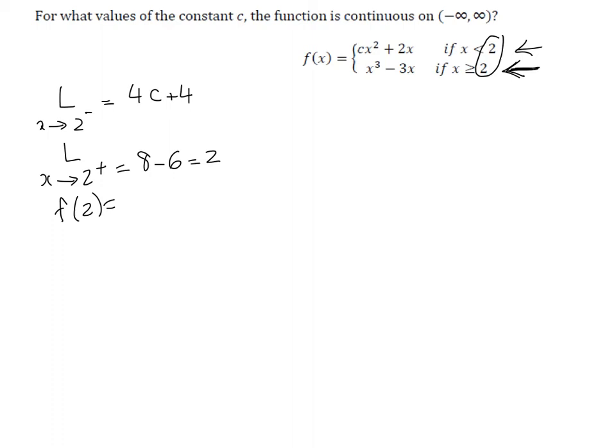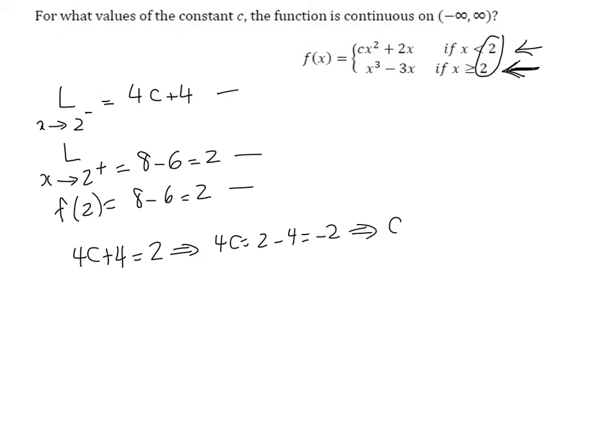This means 2 cubed, 8, minus 6, which is 2. Now, these all have to be equal so the function is continuous. This means 4c plus 4 has to be equal to 2. So 4c is equal to 2 minus 4, which is negative 2. So c has to be negative 2 over 4, which is negative 1 over 2.